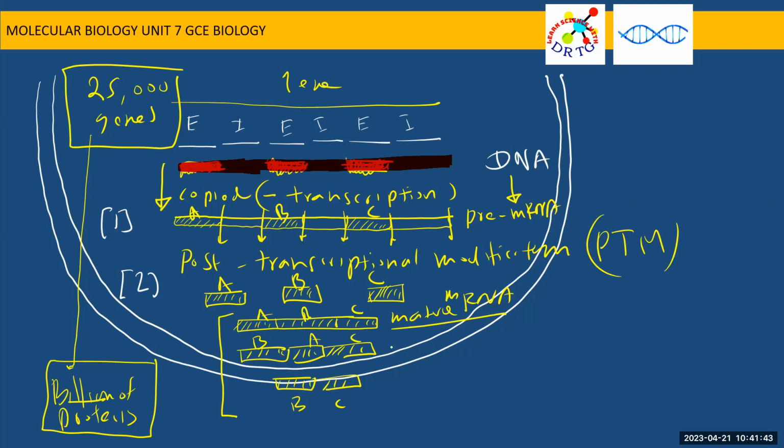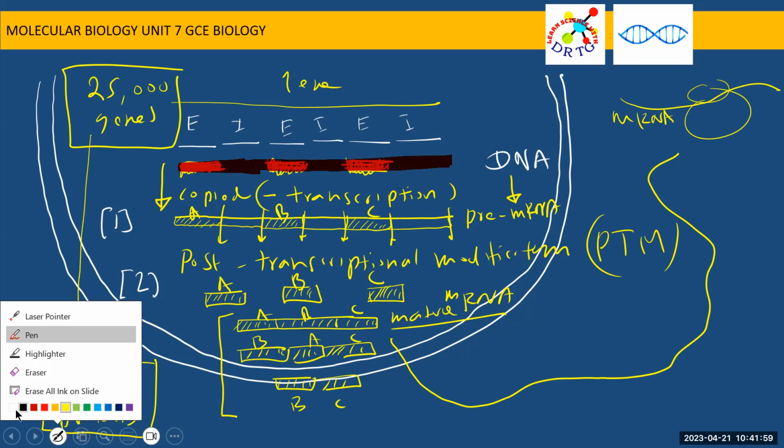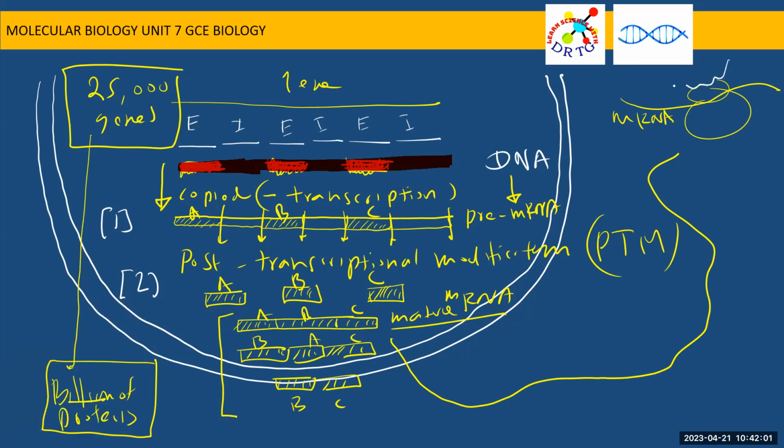After that, the mature RNA leaves the nucleus to the ribosome. And from the ribosome, the mRNA provides the codes to make the polypeptide chain. So inside the ribosome, the polypeptide chain is developing.